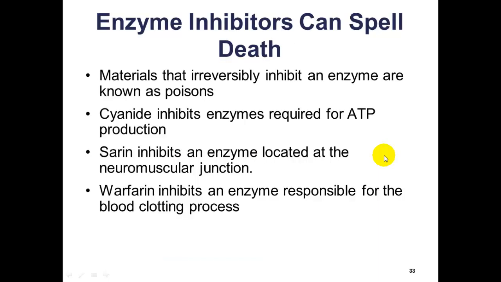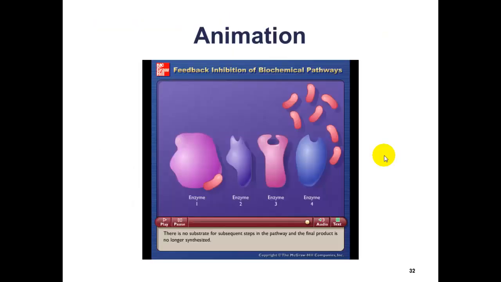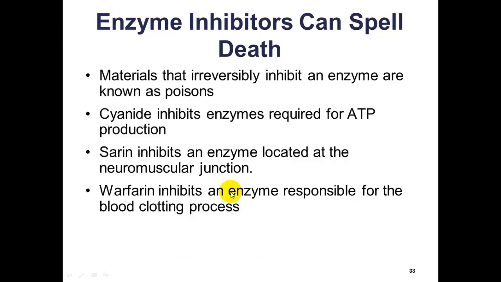Now, sometimes these inhibitors can actually be bad because, like I said in the video, this process can get turned back on if this inhibitor unbinds, and it's fine. But some inhibitors turn the enzyme off permanently.